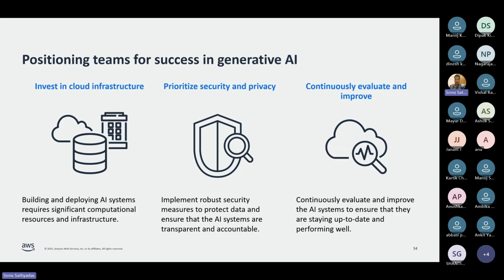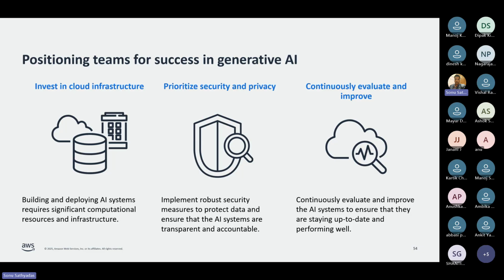Second is prioritize security and privacy. Implement robust security measures to protect the data and ensure that the AI systems are transparent and accountable. We have discussed the point about data privacy, how these models are going to use the intellectual property of the organization, and how the data of customers and the organization is handled by generative AI solutions.